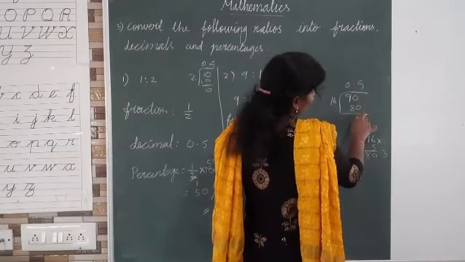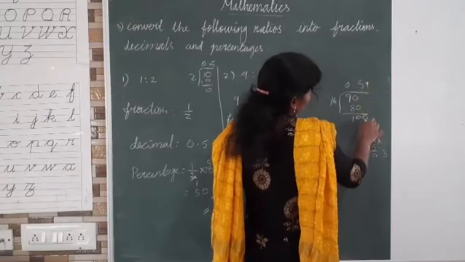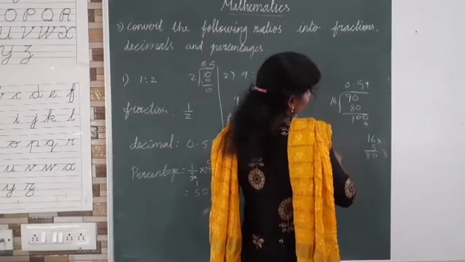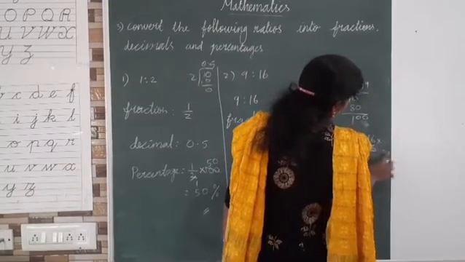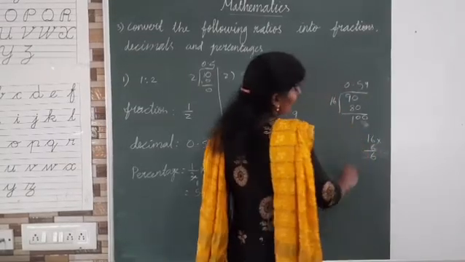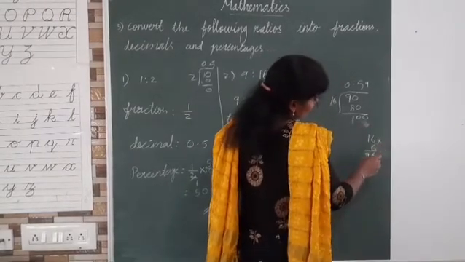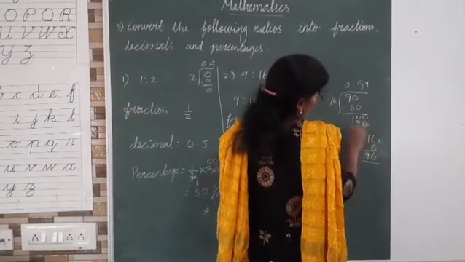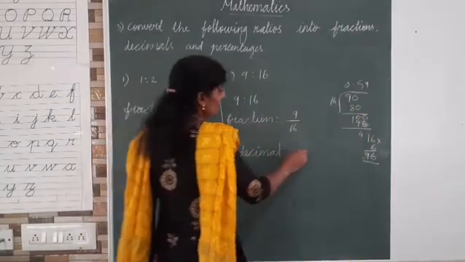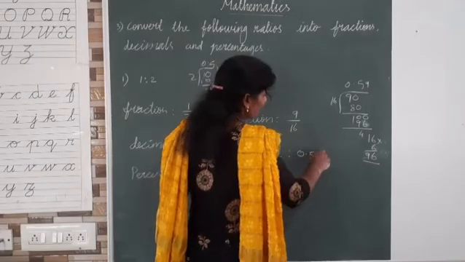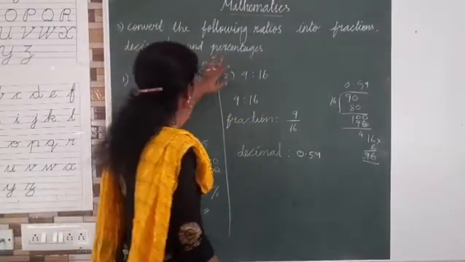Again 0, 1 balance. Now we put 0, 9 times. 6 times, 6 6s are 36, 3 balance. 1 into 6, 6 plus 3 is 9. 96, 4 balance. So 0.59. What's the decimal form? 0.59.